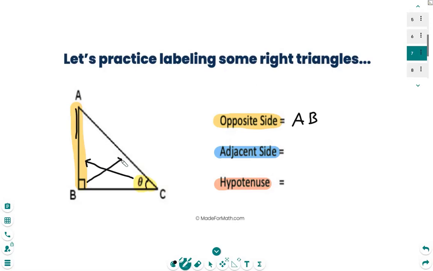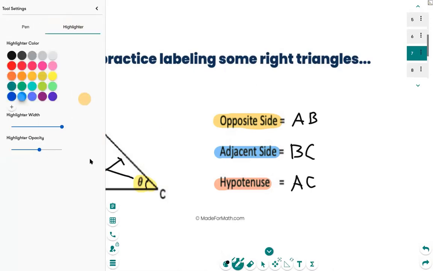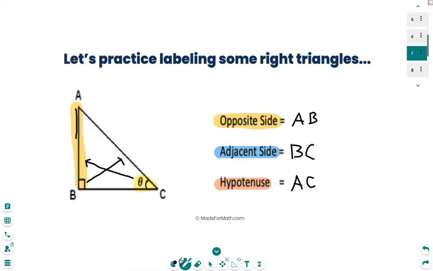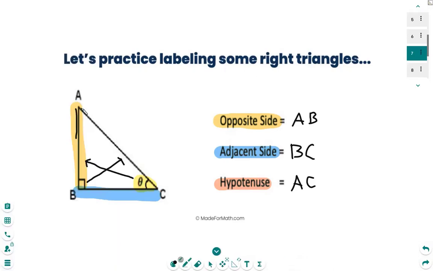If we go straight across, we can see the hypotenuse is side AC, and the adjacent side is side BC. And on this first example, again, I'm going to color code that so you can see what that looks like. So here's the adjacent side, and here is the hypotenuse.